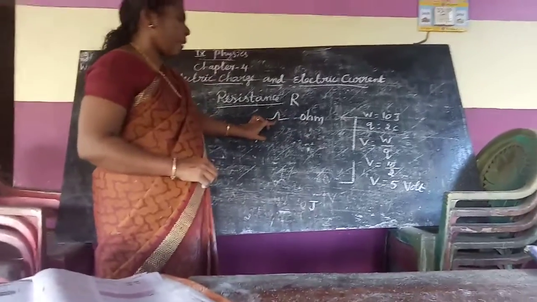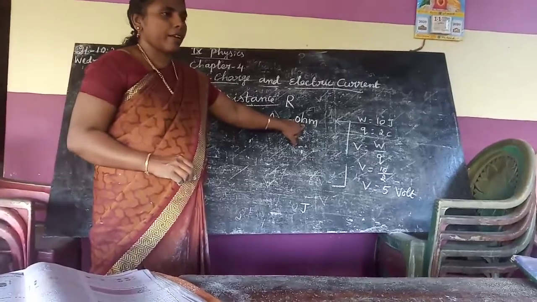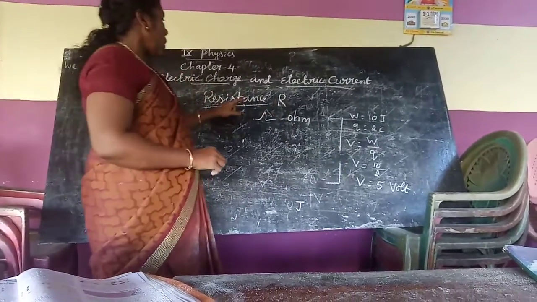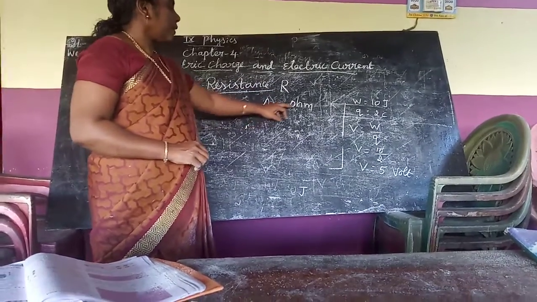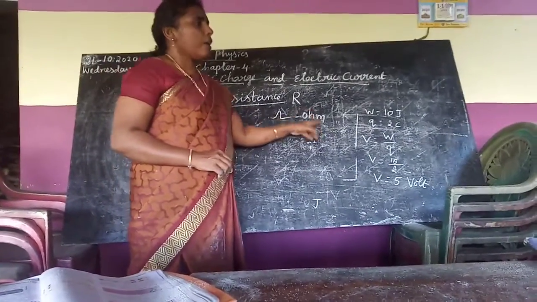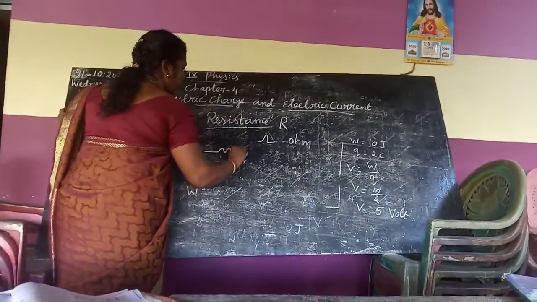We can write ohm like this also. If you don't know how to write this symbol, you have to write O-H-M, the spelling also. So resistance is denoted by the letter R and the unit of resistance is ohm. Now we can study. See, like this you can draw the resistance.